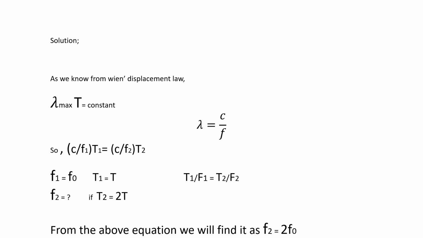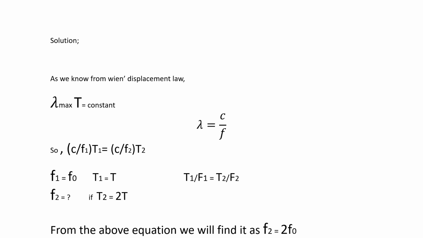Here is our solution. As we all know, from Wien's displacement law, lambda max T is equal to a constant. And again we know lambda is equal to C by F. So by equating, we can write C by F1 whole T1 is equal to C by F2 whole T2.